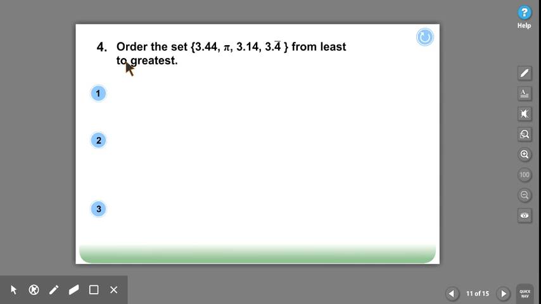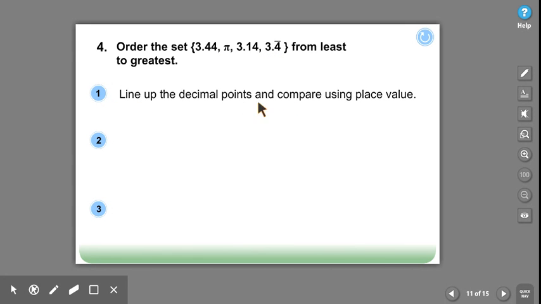Here's example number 4. Order 3.44, pi, 3.14, and 3.4 repeating from least to greatest. Now here we have some terminating decimals, we've got some irrational numbers, and we've got some repeating decimals, okay? And notice that they all don't have the same amount of decimal places. So what you're going to have to do is line up the decimal points and compare using place value.